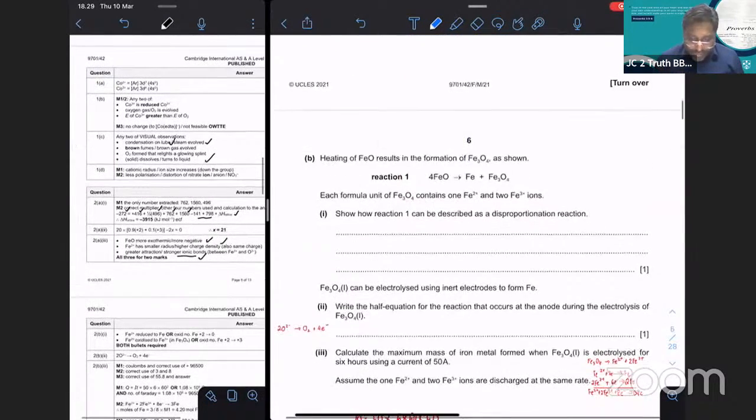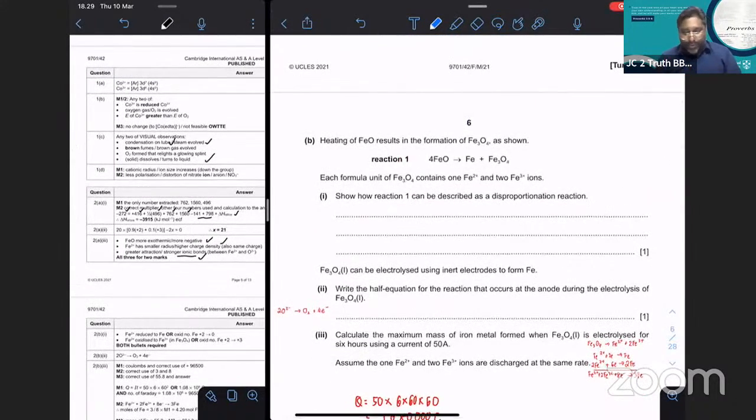Now let's move on. Heating FeO results in the formation of Fe3O4 as shown. That is going to be reaction number 1. They say each formula unit of Fe3O4 contains 1 Fe2+ and 2 Fe3+ ions. Show how reaction 1 can be described as a disproportionation reaction.